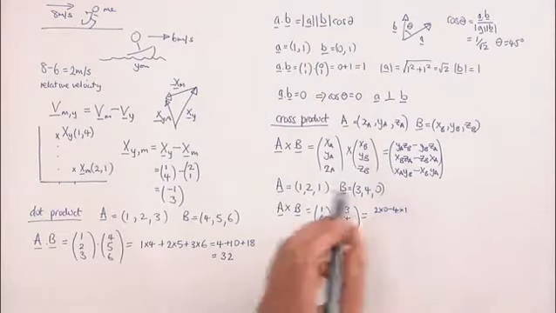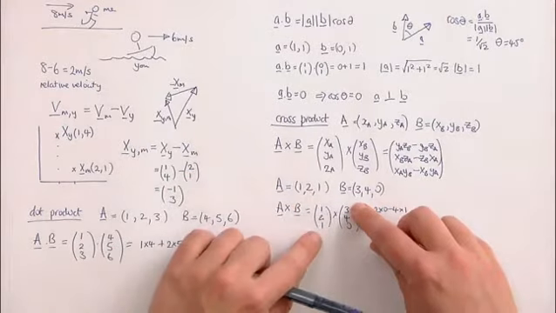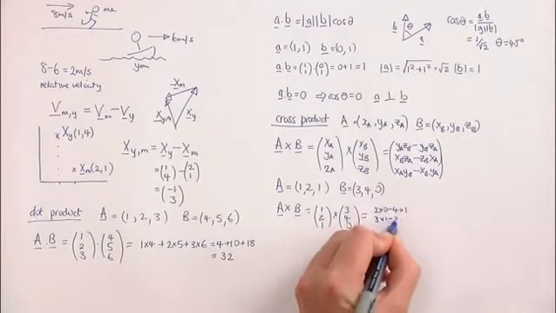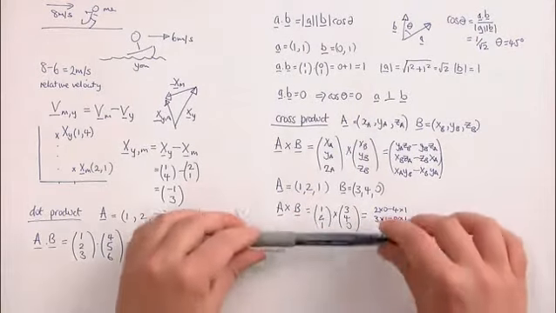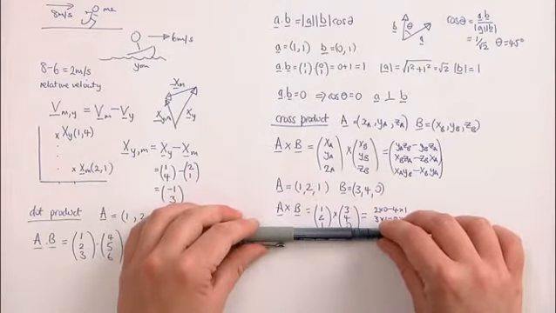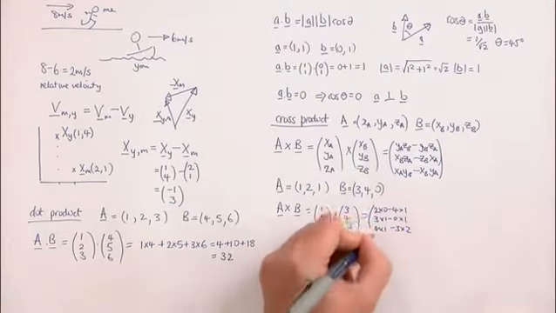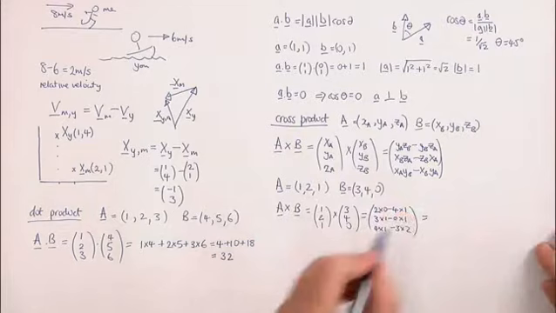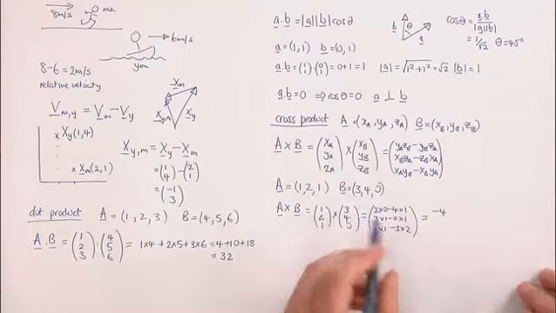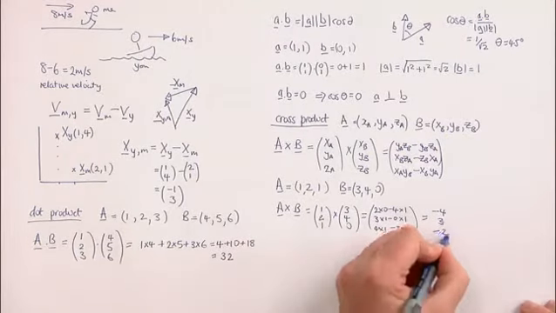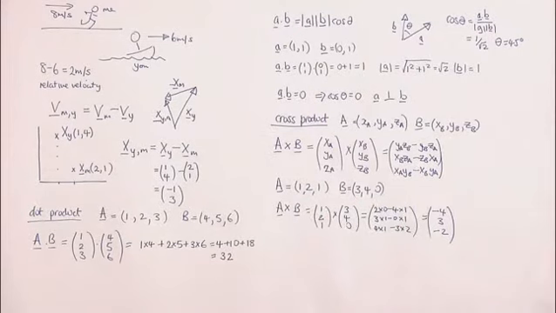The next component is 3 times 1 minus 0 times 1. And the final component is 4 times 1 minus 3 times 2. So this simplifies to (-4, 3, -2), since 4 minus 6 is minus 2. This is significantly more complicated to work out than the dot product, and we also get a vector at the end.